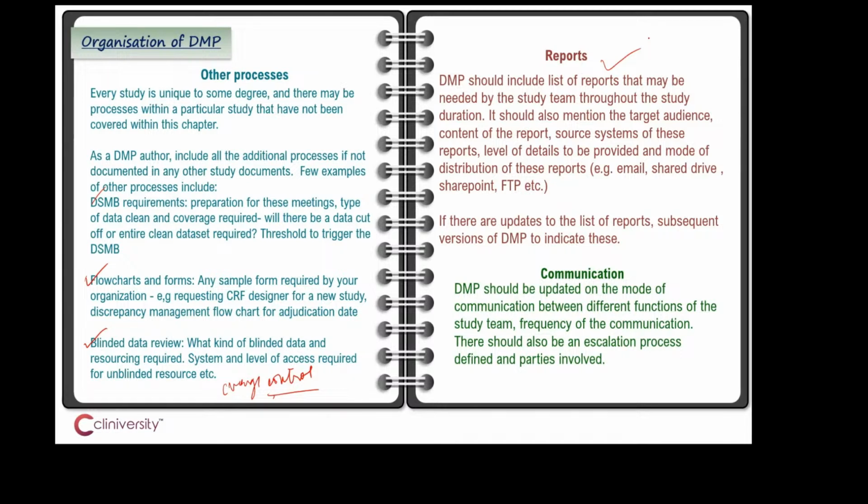Communications. So the DMP should describe the type of communications and correspondence which are used in the study. Details where records of these communications reside, whether they are paper or electronic, and even the associated archiving requirements of such communications, which kind of communications should go into the trial master file.